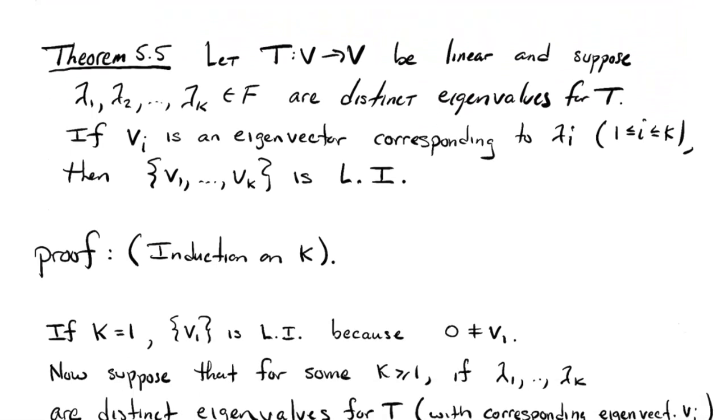If you take a linear operator, and let's suppose that it has k distinct eigenvalues, lambda 1 through lambda k, then if for each one of those i's we denote by vi an eigenvector that corresponds to the eigenvalue lambda i, then those eigenvectors form a linearly independent set. Or said briefly, the eigenvectors that correspond to distinct eigenvalues are linearly independent.